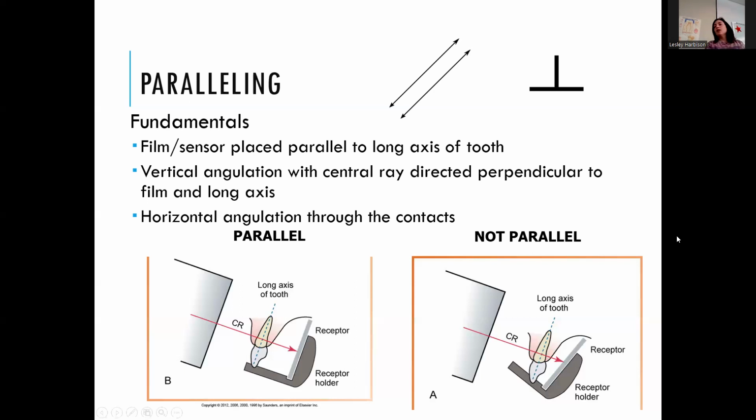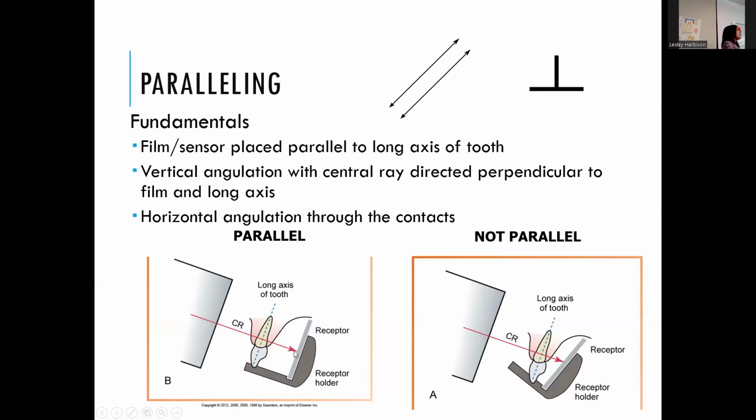You can see here we have the long axis of the tooth, and we have the film sensor here. They've bitten down on this bite block, and then the ring would be right about here, directing your BID and your primary beam to come in perpendicular. So you have this right angle right here, and if we continue it onto the sensor, it's also a right angle.